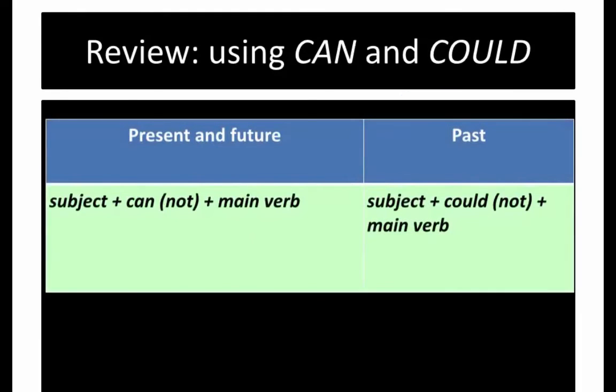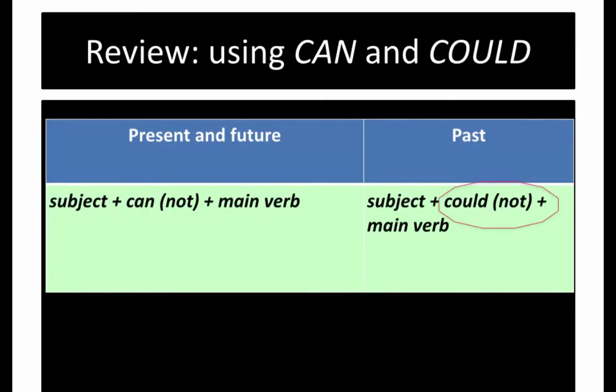Okay, let's review what we learned. To express ability in the present and future, we can use can or cannot to express inability, and the main verb in its simple form. To express ability and inability in the past, we can use could or could not.